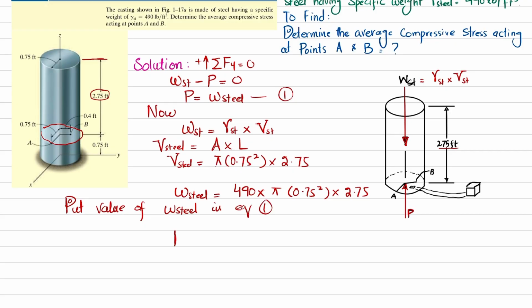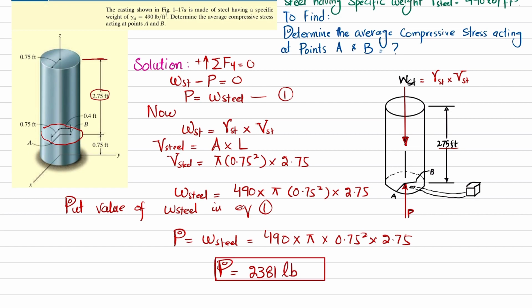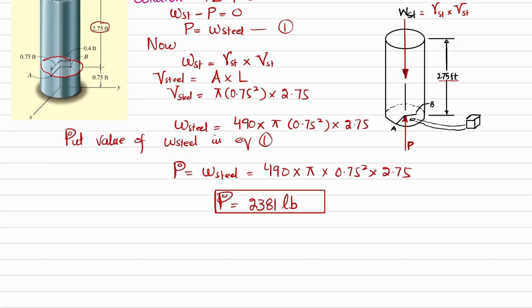You will get P equal to the weight of steel, which is 490 multiplied by pi multiplied by 0.75 square multiplied by 2.75. When you solve this, you will get this compressive load equal to 2381 pounds.